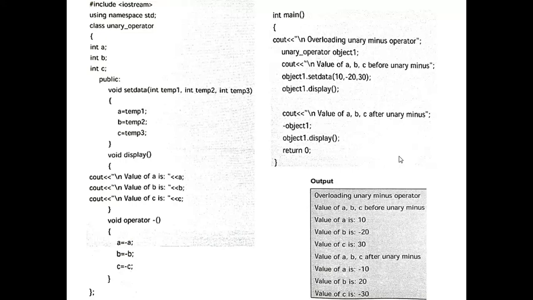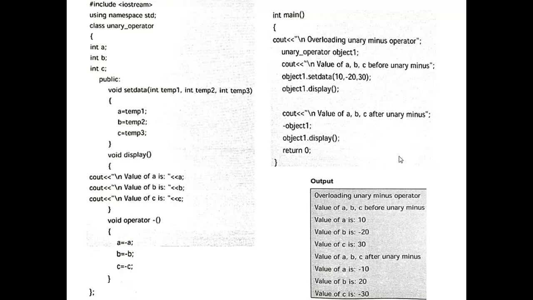Afterwards we have written one more function called display, which also has return type void, and in that we are displaying the values of a, b and c by using cout. Then we are performing the unary operator overloading. The syntax is the return type void, then the operator keyword. Here we are overloading the negative sign, therefore we have written the negative sign here, and we are not passing any arguments.